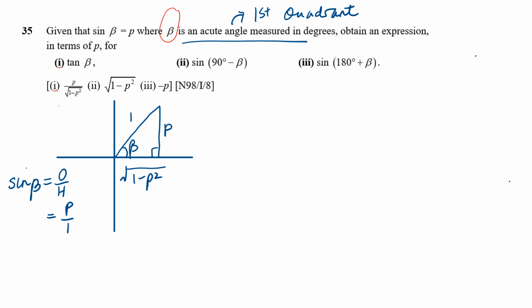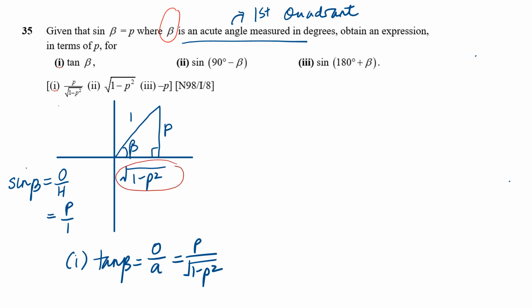Then how do I get this guy here? You will have to use Pythagoras theorem. So A squared plus B squared is equals to C squared. Sorry, B is equals to square root of C squared minus A squared.